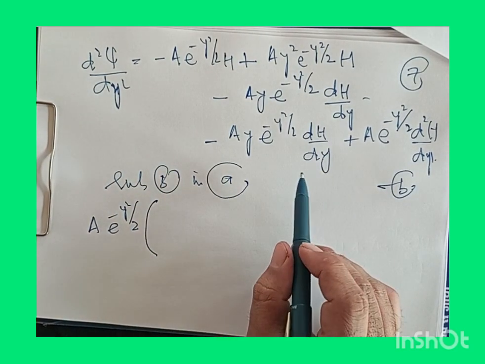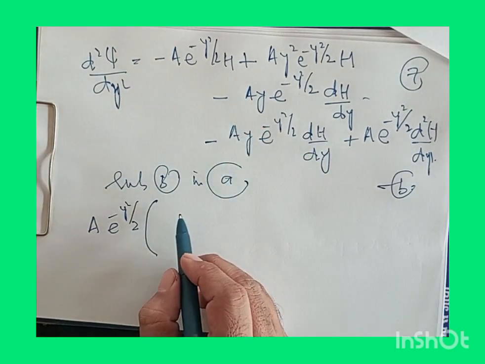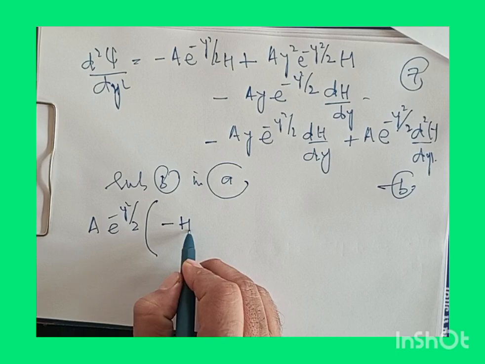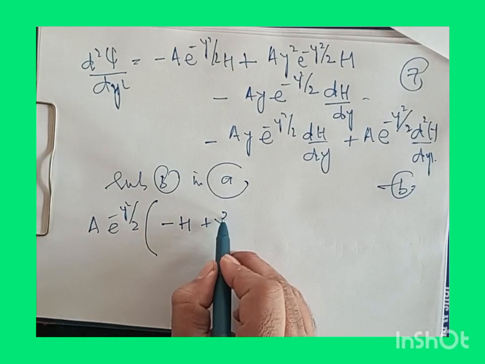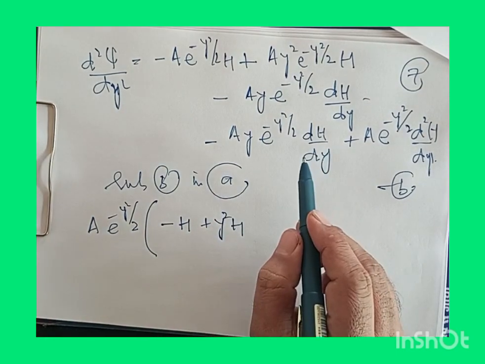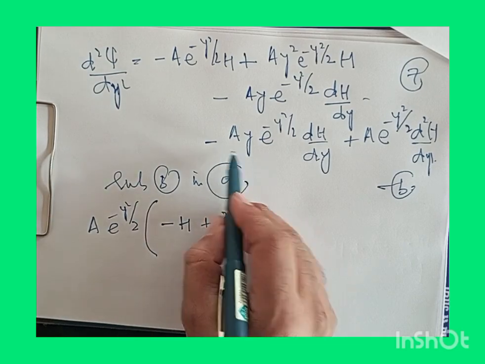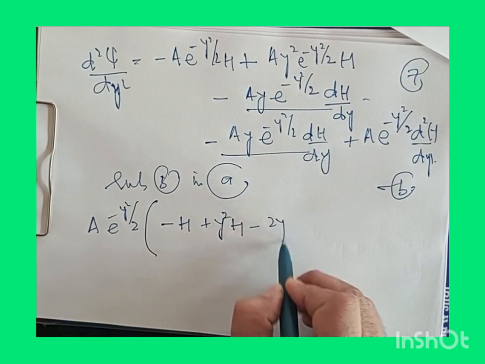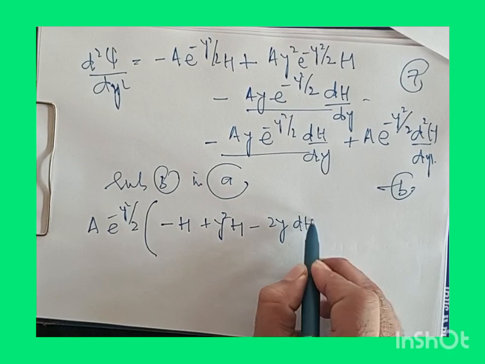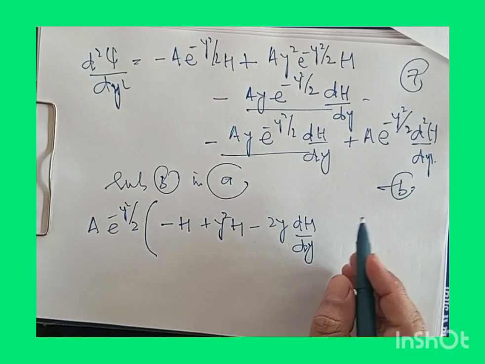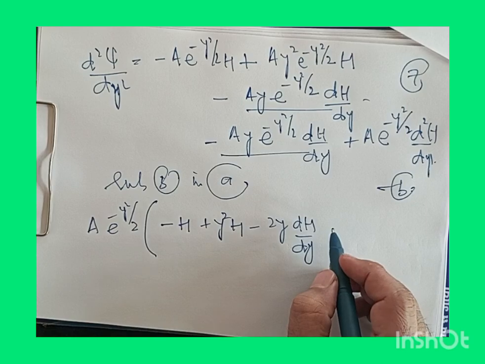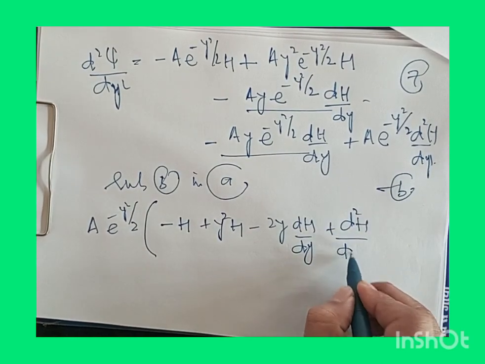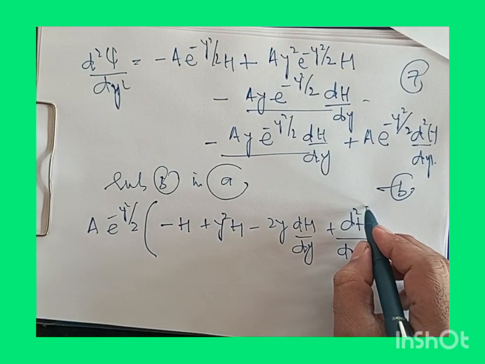What I will be left with is minus h, and then plus y square h, and then a doubling of this thing, which will give me minus 2y dh by dy, and then finally plus d2h by dy2. I'll close it.